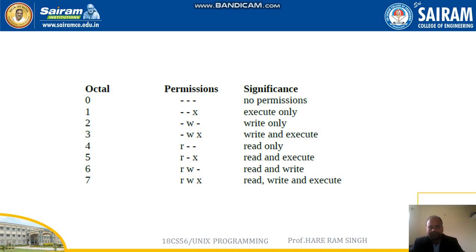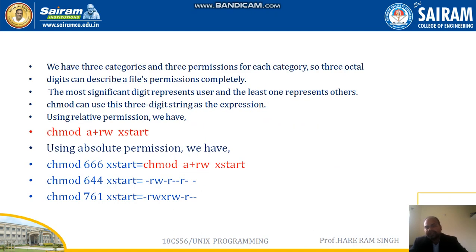Let us move to the next slide. Here we have 3 categories and 3 permissions for each category. So what are the 3 categories? We have owner of the file, then group of the file, and others.